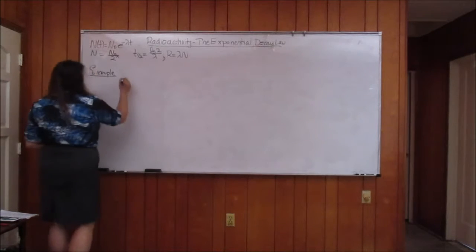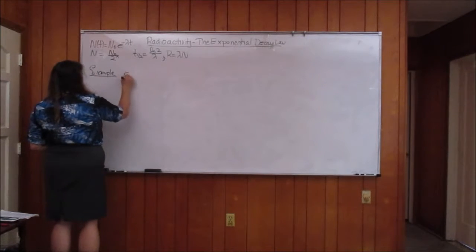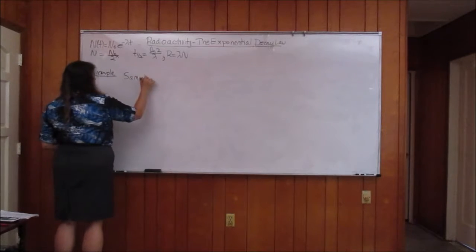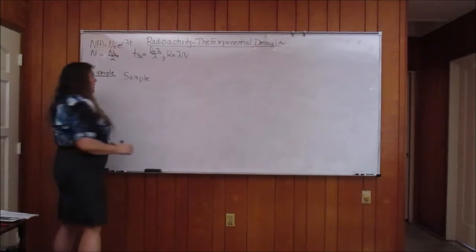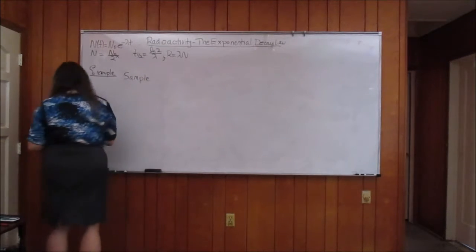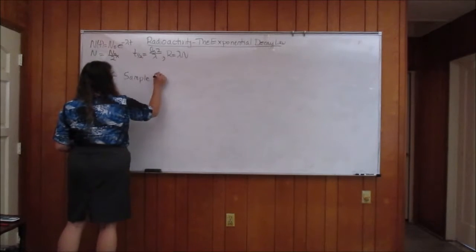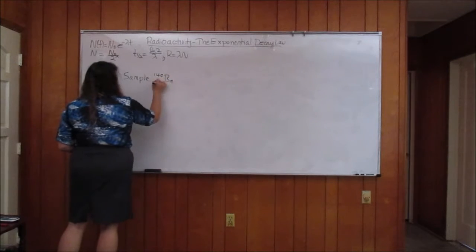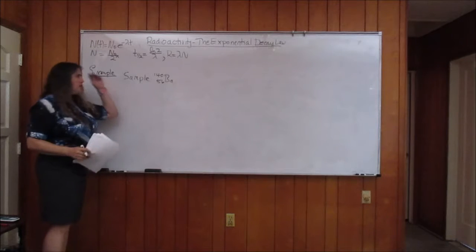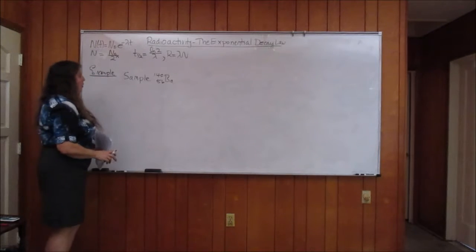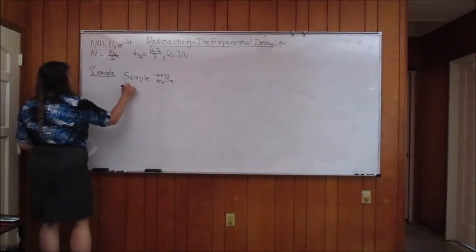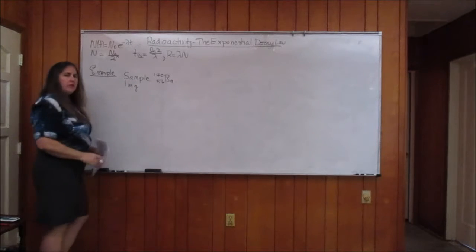Let's next consider a sample of an isotope of barium. Let's say in particular you've got barium 140 and we've got 1 milligram of that sample.